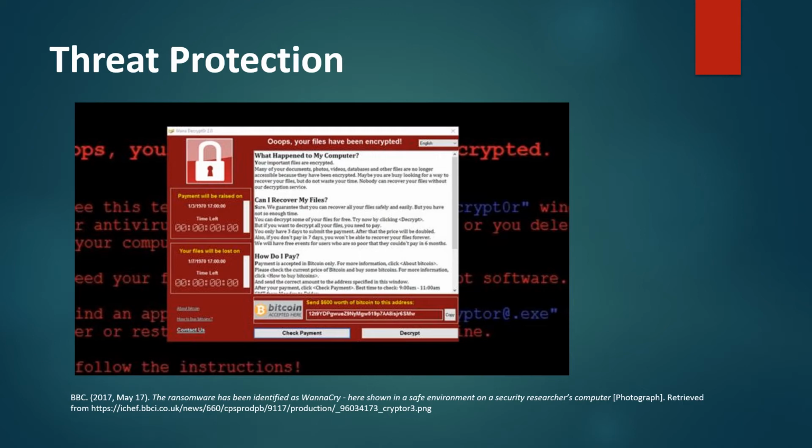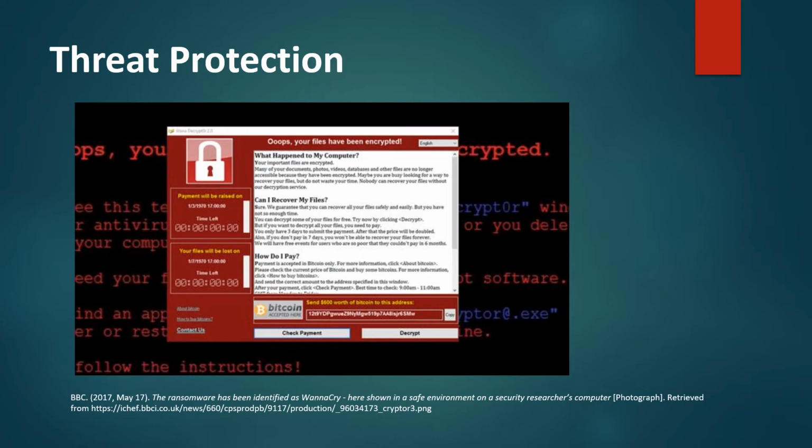A ransomware is a malware that, once infected, would encrypt the hard drive and then prompt users with a message box like this, asking users to pay a certain amount of ransom. In the WannaCry case, it asked users to pay the ransom in Bitcoin to get the files decrypted, and that's why it's called ransomware.